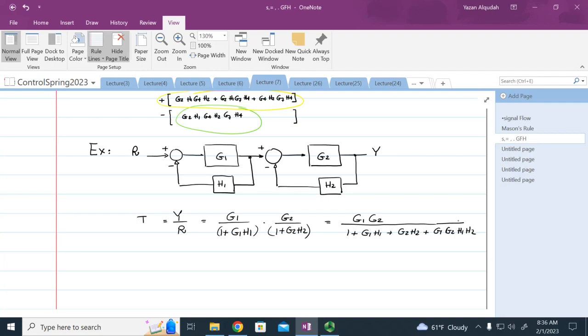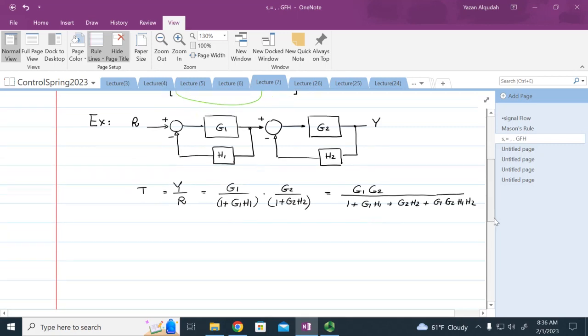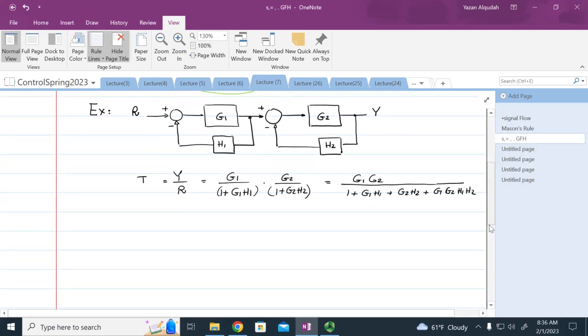Is that clear? Everybody agrees? Okay, so let's take this block diagram and generate the signal flow graph for it, and then use Mason's rule.